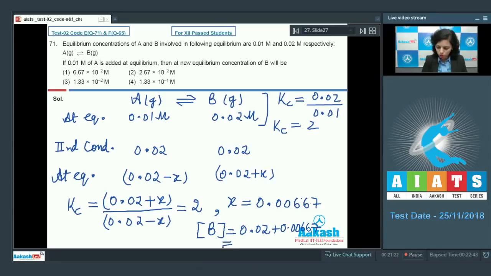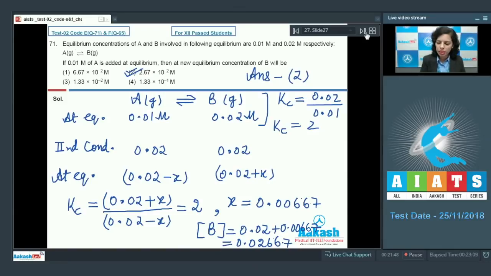So this value would be 0.02667. If you check the given options, you will find that this value is given in option 2, because it can also be represented as 2.67 into 10 to the power minus 2 molar. So this is the correct answer, and that's why option 2 is the correct option for this particular question.